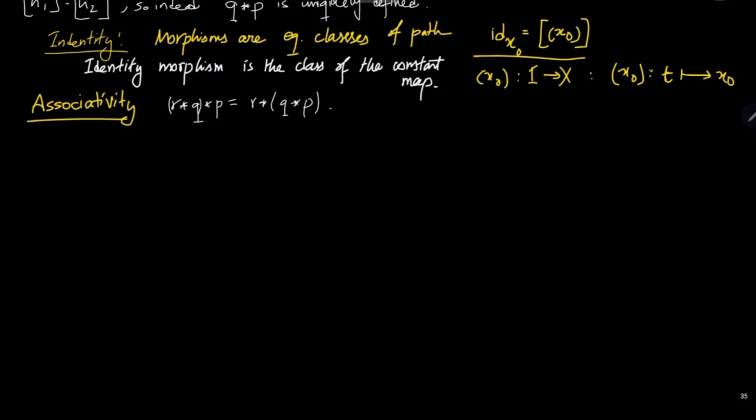I just want to skip it, but I won't skip it for just one reason, which is that we have to construct this by maps. So I'll just do the construction by maps.